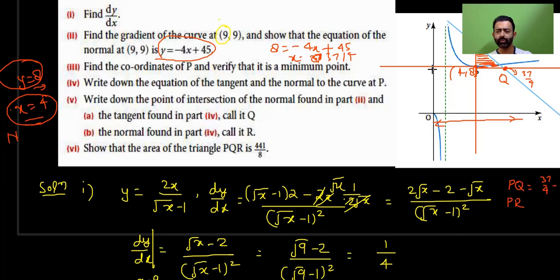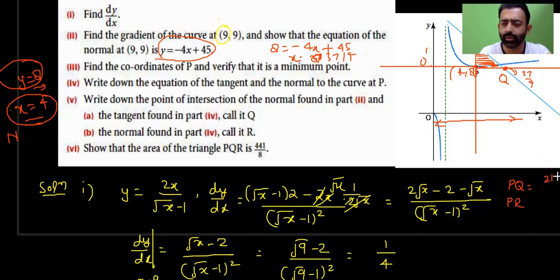OQ distance, if you call this point as O dash, so OQ minus OP is your PQ. Okay, OQ distance is 37 by 4, x coordinate of this point intersection of this line with this line, and this point P has x coordinate is 4. So O dash Q minus O dash P is PQ. So this is basically 21 by 4. Let me rub this, and I am directly writing this 21 by 4.